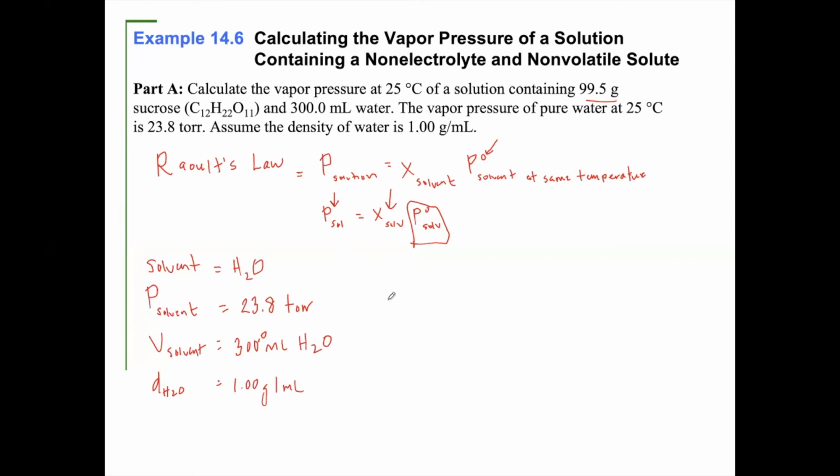So we're going to have to somehow use this information to get to mole fraction. Remember that we need to find the mole fraction of the solvent, so the mole fraction of water is going to be the moles of water divided by the moles of water plus the moles of the sucrose. So we need to find moles of water and moles of sucrose. Maybe we could start with the easiest part, which is finding the moles of sucrose.